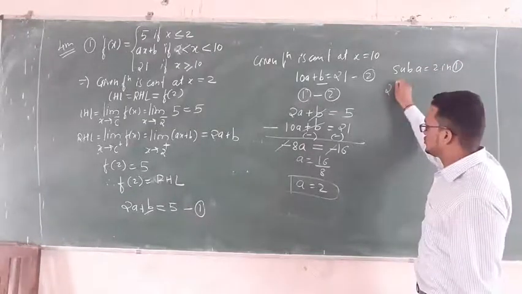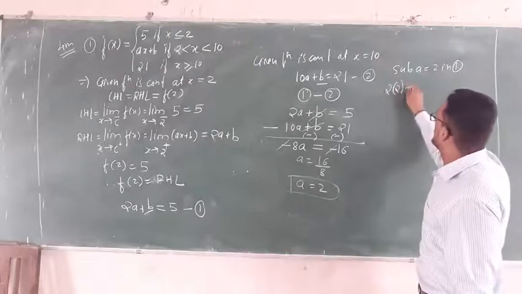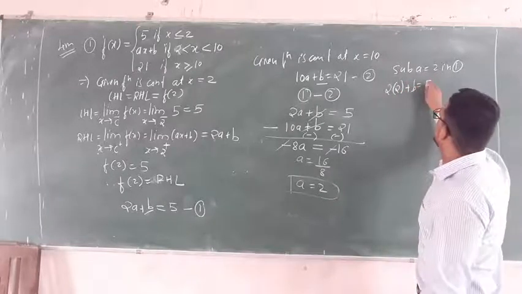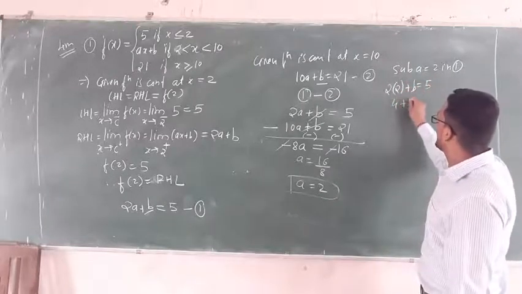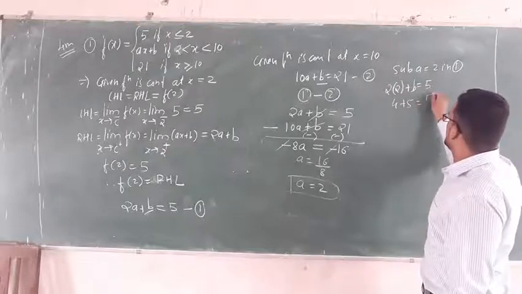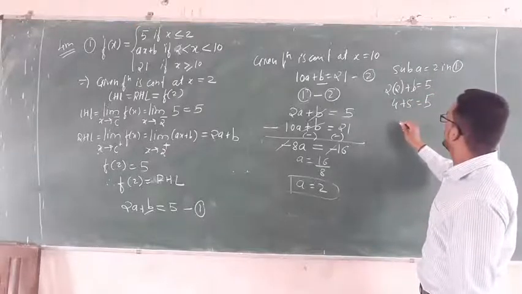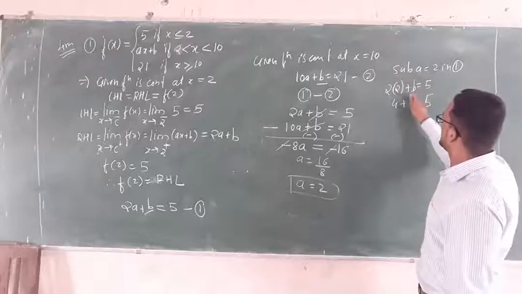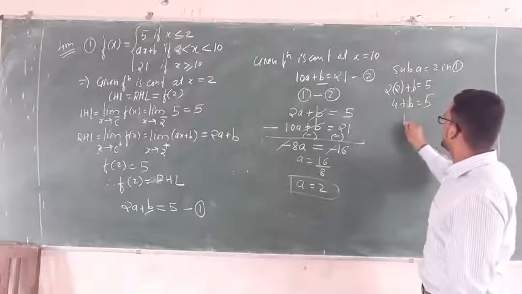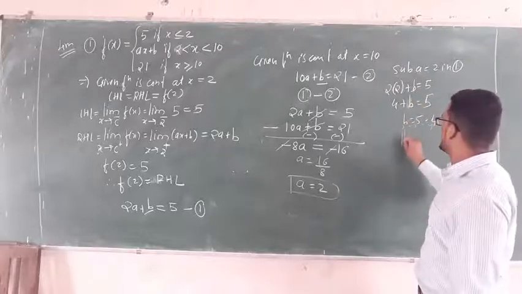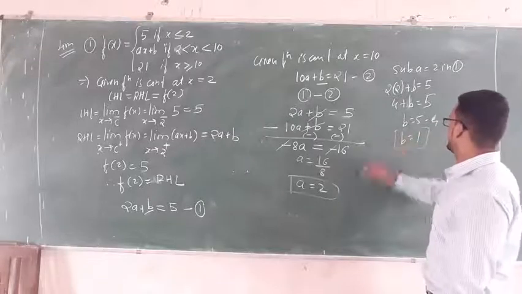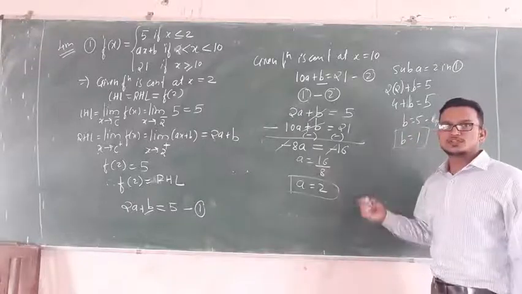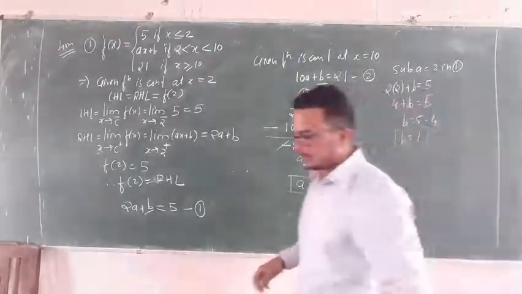So it is 2 into 2 plus b equals 5. So 4 plus b equals 5. So b equals 5 minus 4, or b equals 1. So these are the values of a and b.